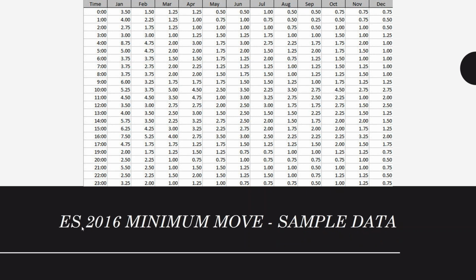On the ES, now typically the ES does move less than any of the other indices, in case you didn't know that. So we're going to look at the same thing. We have 4 points in January versus 1.5 points in August. Again, what does that tell me?